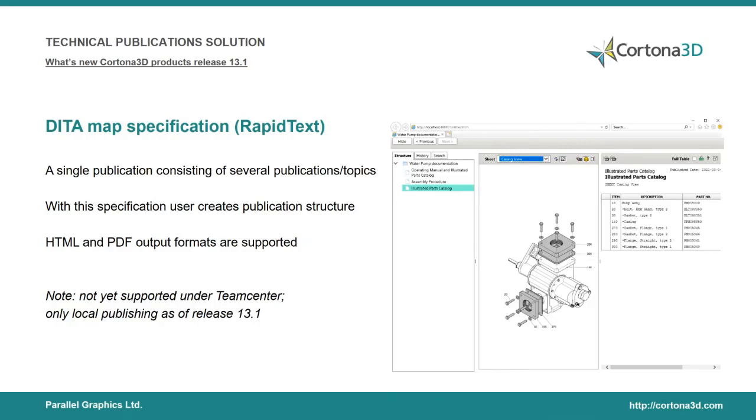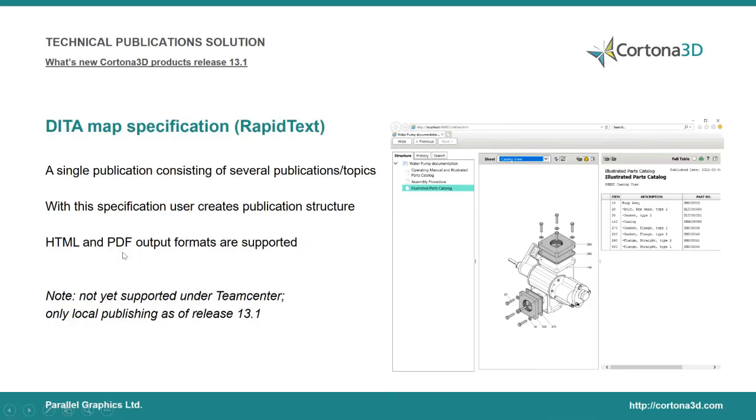Instead, it can be used to create a structure of a publication that includes or references other DITA projects or DITA topics, for example. What you can see here on the right is the kind of HTML output that you can get. So it's a single publication consisting of other publications.